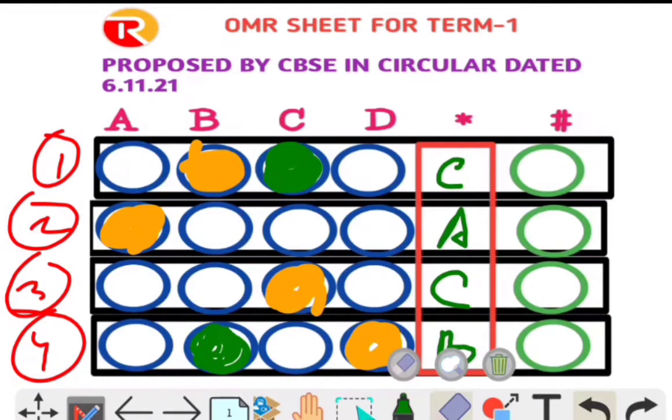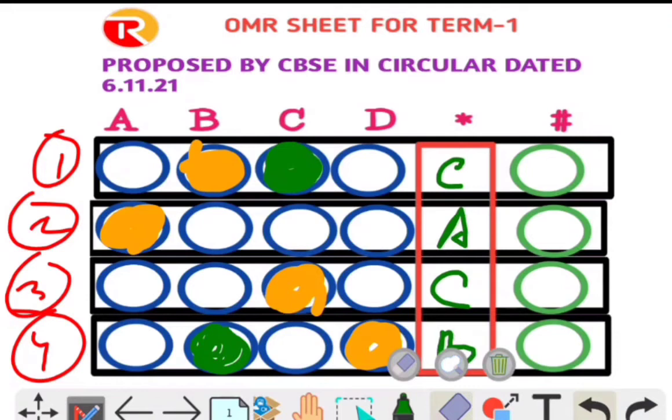In the star box you will write nothing because you don't know the answer. Then in the has box you will fill up the circle, the has circle, when you haven't attempted any question.